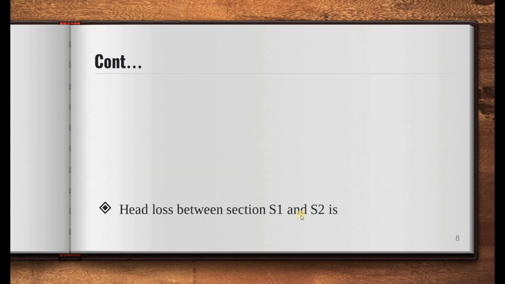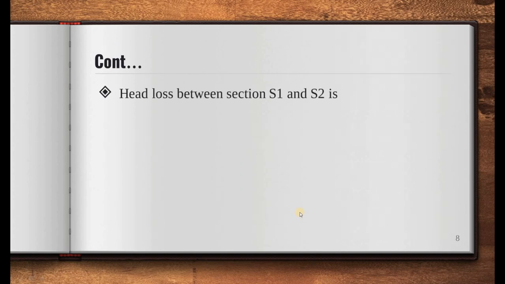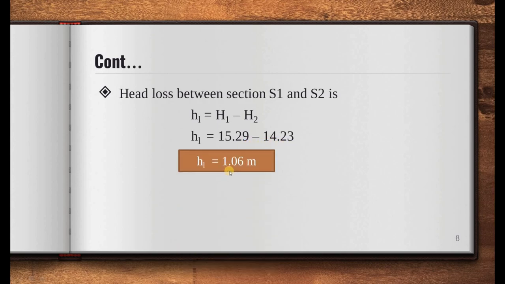Now we want to find out the head loss between sections S1 and S2. Obviously, the total head loss between sections S1 and S2 is H1 minus H2. H1 and H2 we have already calculated, so the total head loss between the two sections is 15.29 minus 14.23, and that is 1.06 meter.